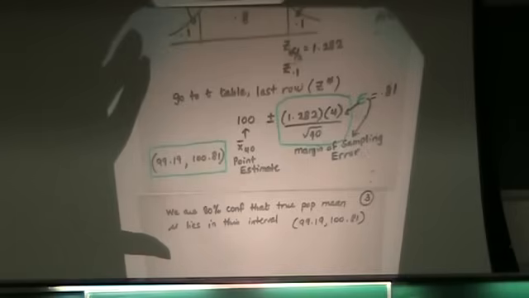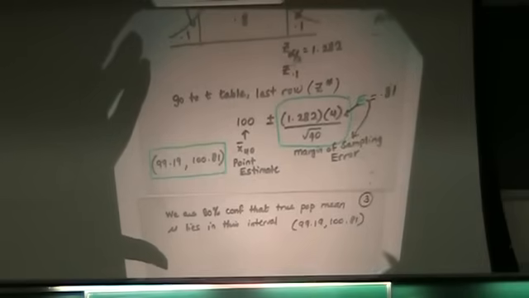That's how you interpret that. We are 80% confident that the true population mean mu lies in this interval. Finished. That's how you do confidence intervals. Get it?